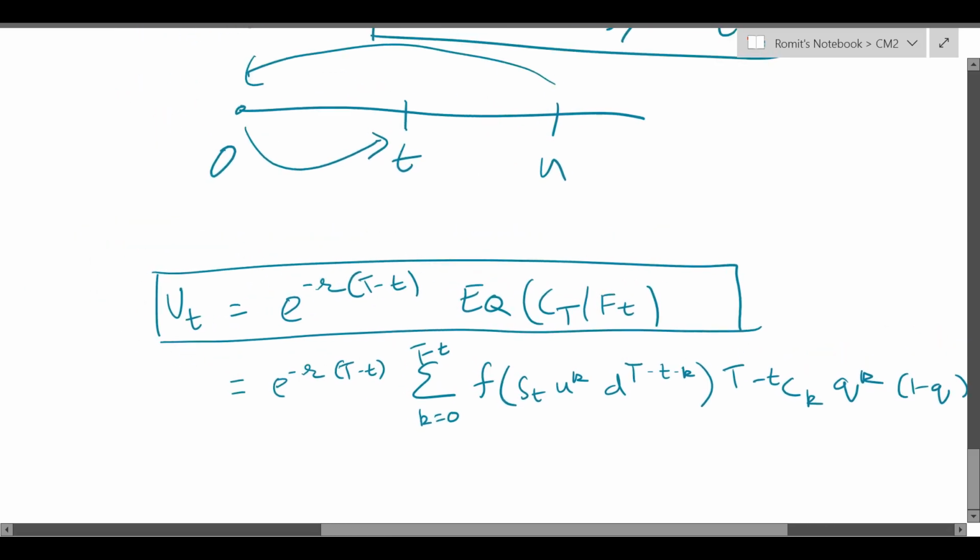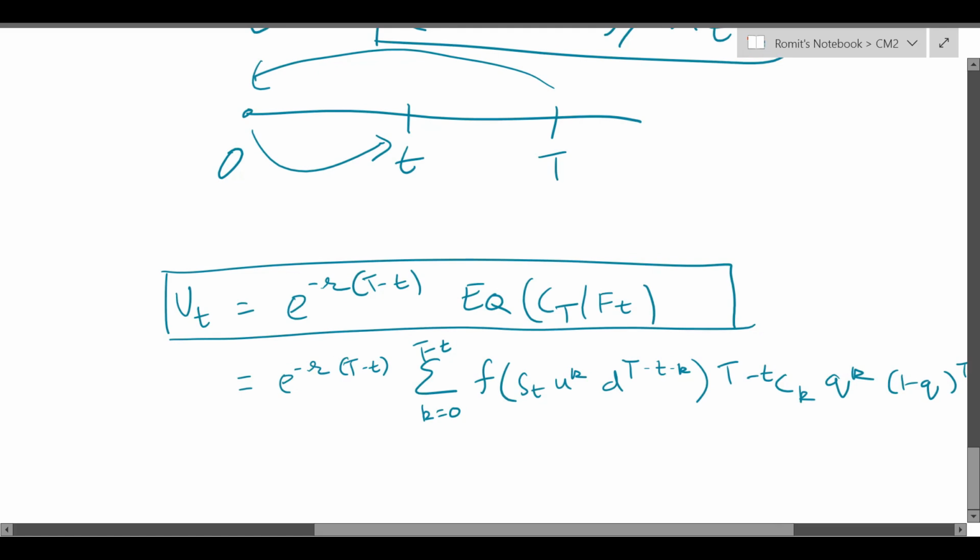The final payoff is at time capital T, and that payoff from the derivative is C_T. Given the information up till time t, you want to find the price of this derivative at time small t.